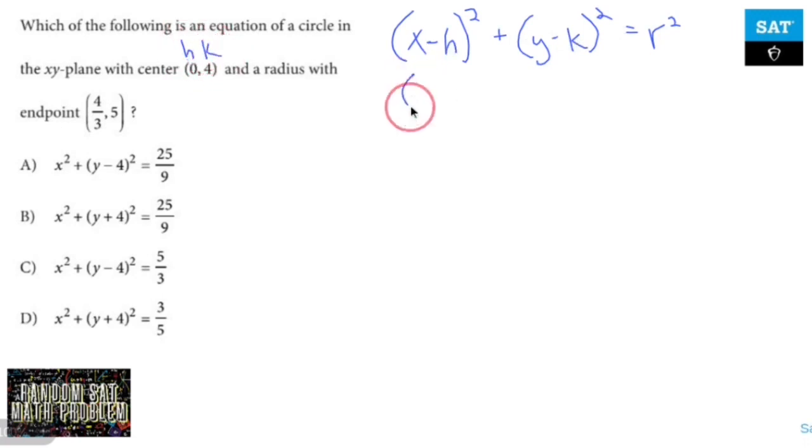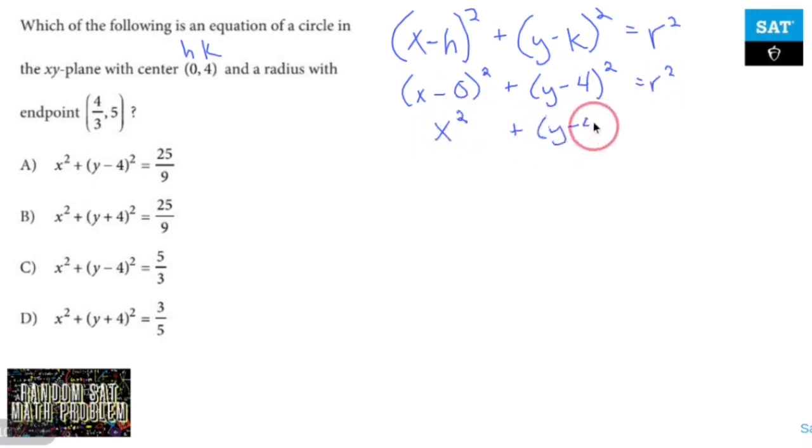Okay, so I've got (x minus 0) squared plus (y minus 4) squared, and that's going to equal r squared. All right, so I don't need that minus 0 part.